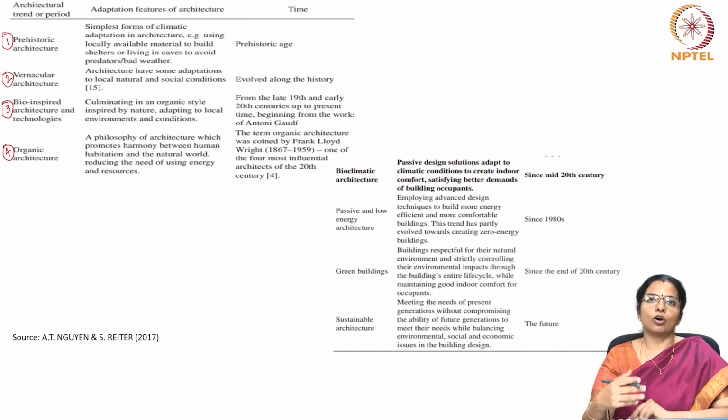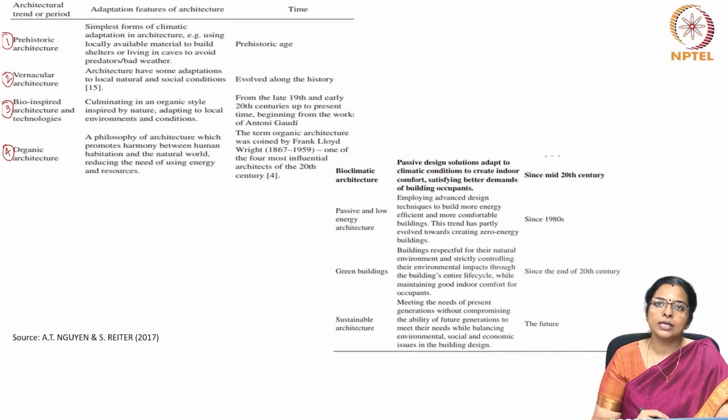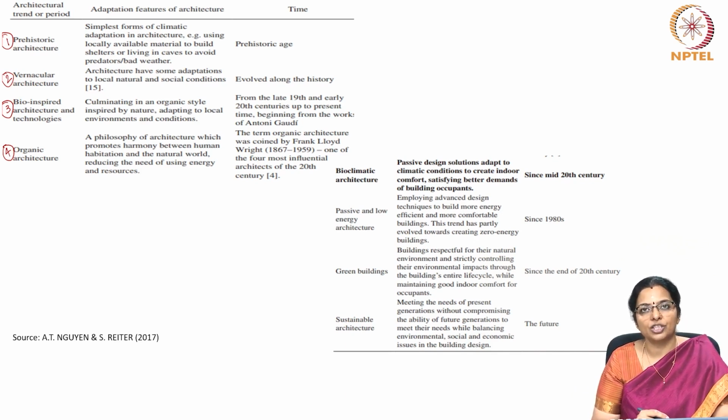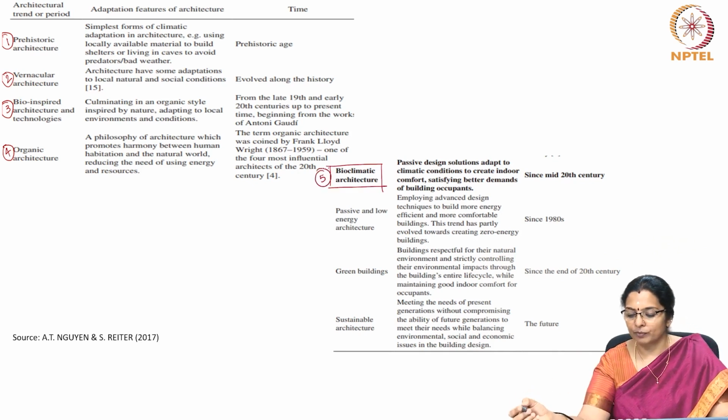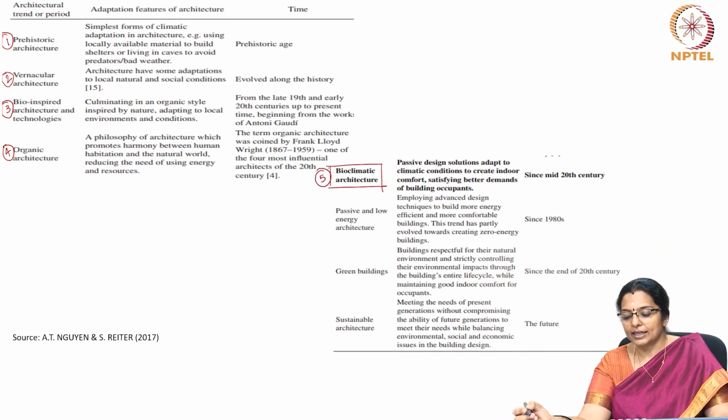As he grew up on the farms of his grandparents, he was able to observe nature very closely, and he tried to translate those principles into architecture at a later date, which was called organic architecture. And then came what we are studying here in this course, which is bioclimatic architecture. So this talks about passive design solutions that adapt to climate to create indoor comfort.